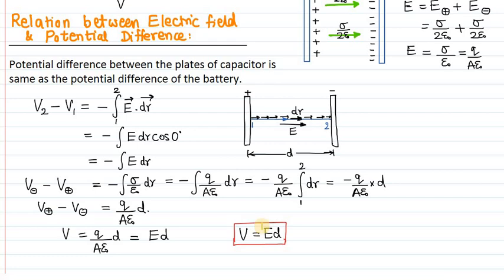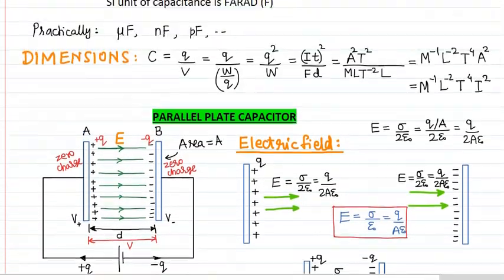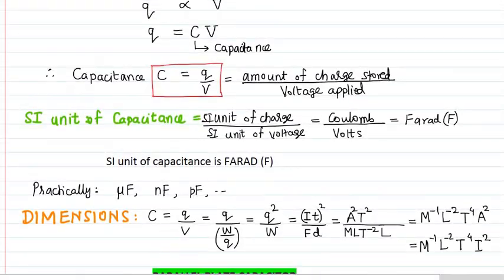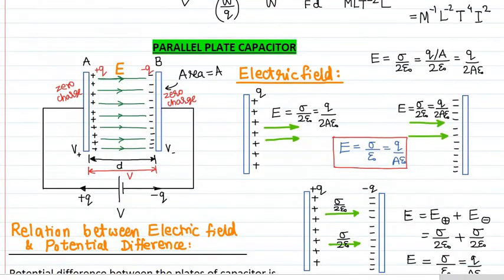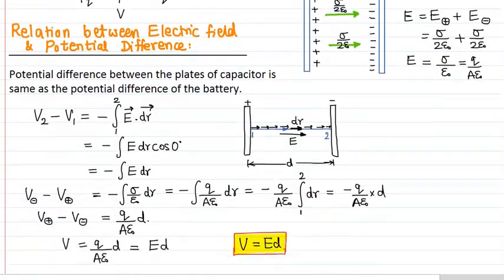Well, after we have found out this relationship between potential difference and the electric field, now we can find out the capacitance. As in the derivation above, capacitance is defined as Q by V, charge upon potential difference. So now it's time to find out the capacitance of a parallel plate capacitor.